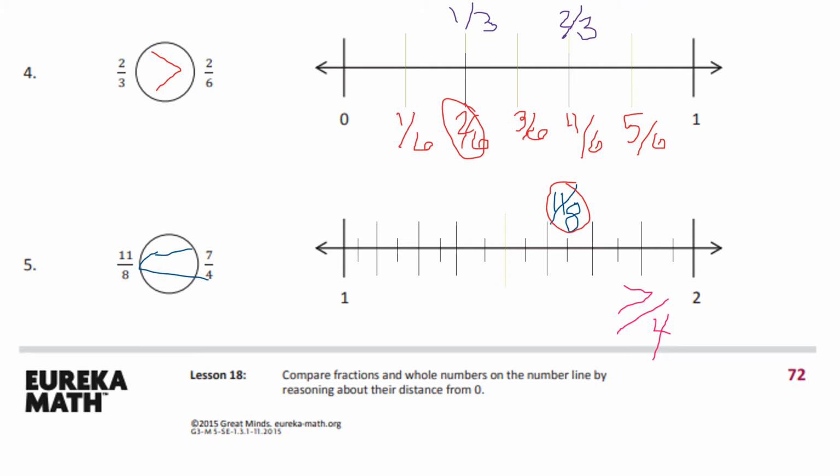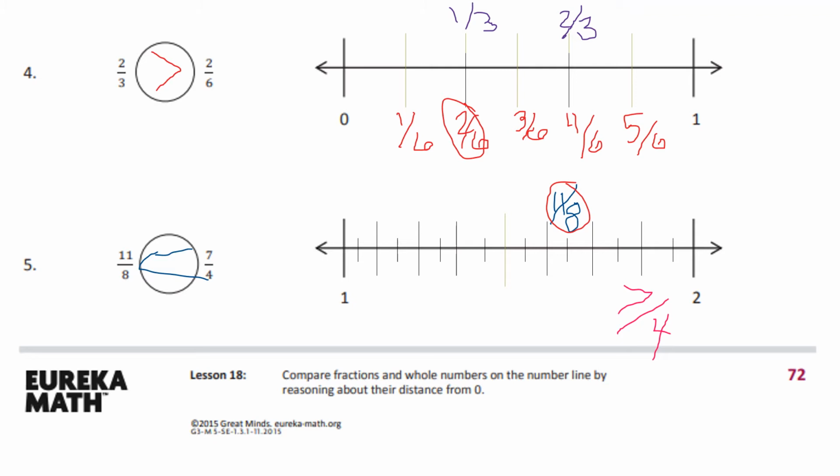If you can kind of see, there's two different color lines for the thirds because I did them as two different ones. That way it was easier for me to tell them apart. So I have my 1/3, 2/3, and my sixths on the bottom. As you can see, 2/6 is closer to 0 versus 2/3, so 2/3 is greater than 2/6.